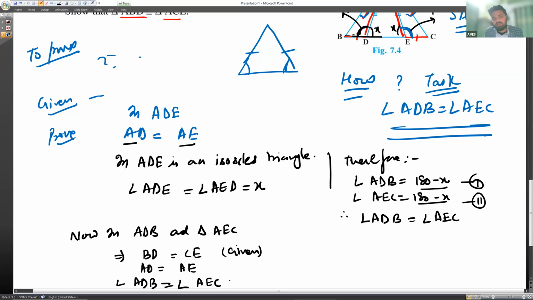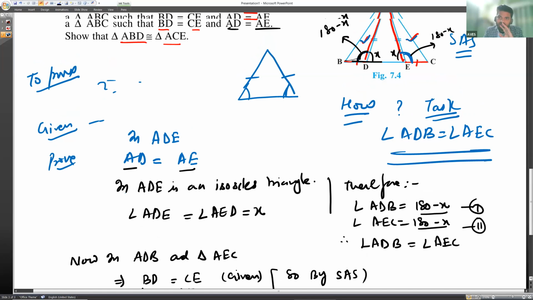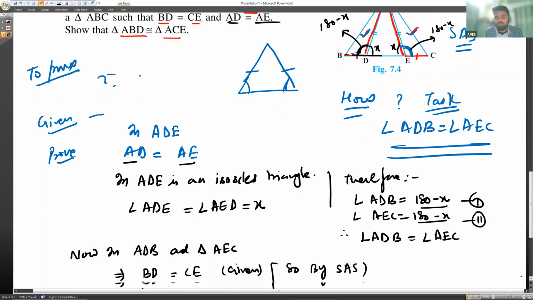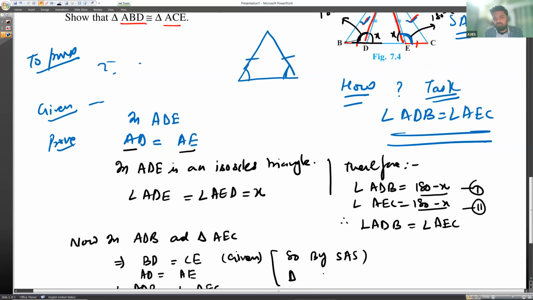And if these are equal, then by side angle side, these two triangles will be congruent. Triangle ADB will be congruent to triangle AEC. So you write triangle ADB is congruent to triangle AEC. Hence proved.